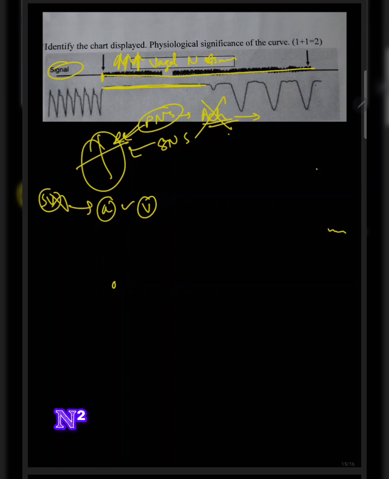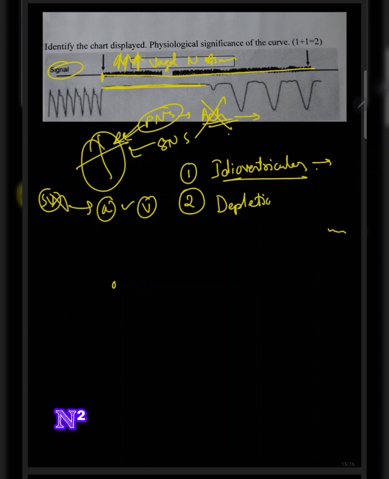So a time will come when you will get an idioventricular rhythm because the next pacemaker cells come into play. The second physiological reasoning of this curve is depletion of the acetylcholine transmitter because of the destruction of the acetylcholine and the limitation of the source in the vesicles of the nerves.